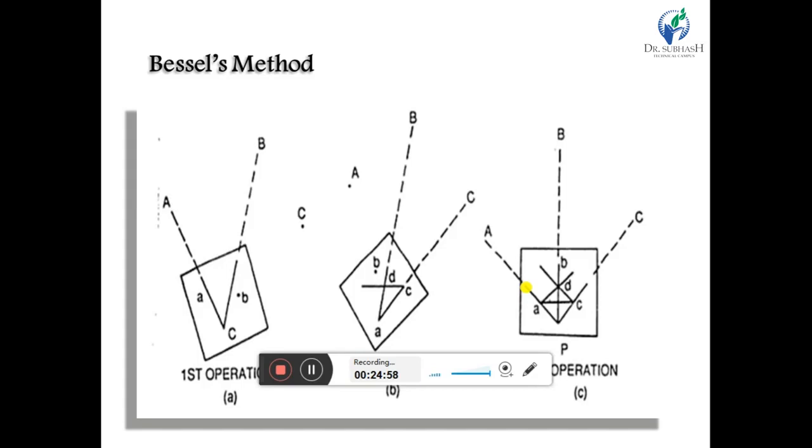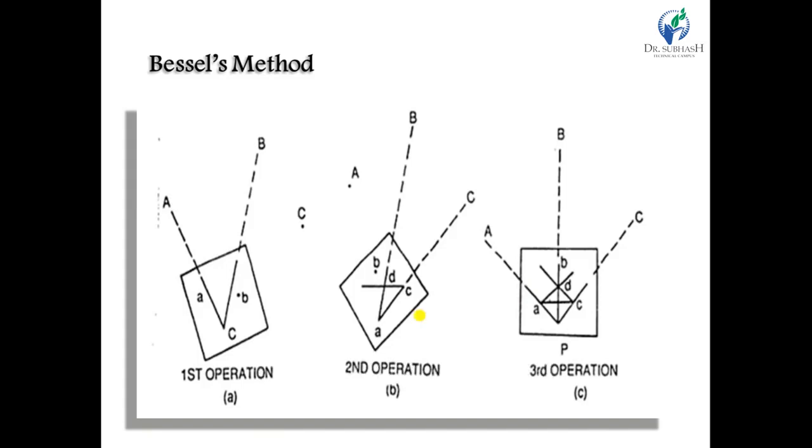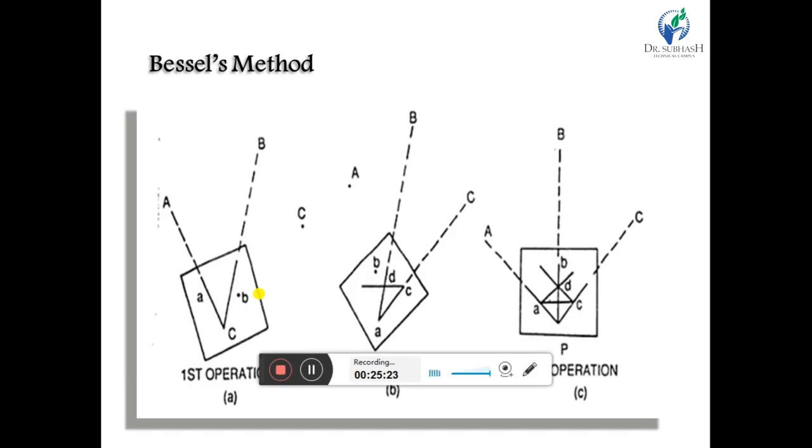Next, in the second figure, we have to put our plane table at point B. After placing the plane table at B, we sight the points D and C. Now we place the LED parallel to AC and point C. After that, we place the LED parallel to line AC and sight the object point at A. After that, we get the intersection point where the lines AC and ED intersect.